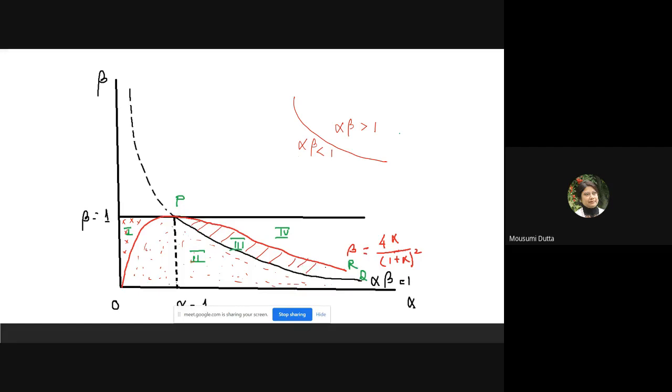This is the third zone. And this is zone 4.